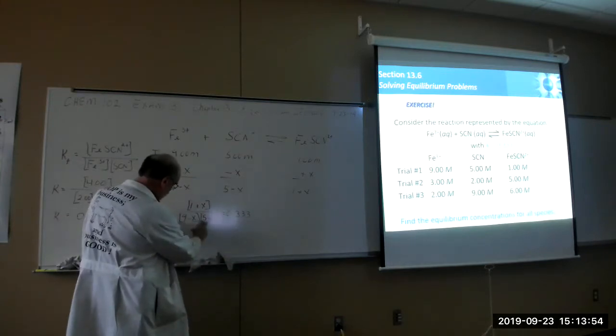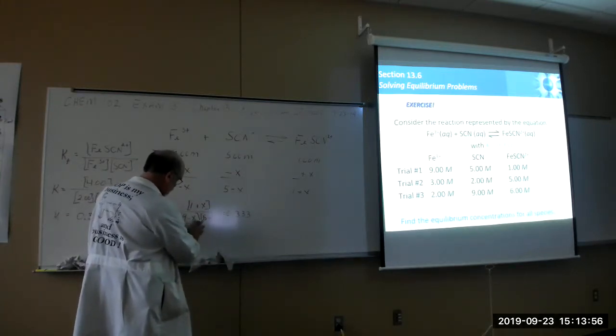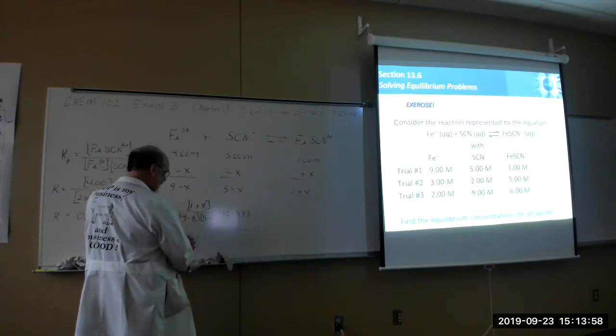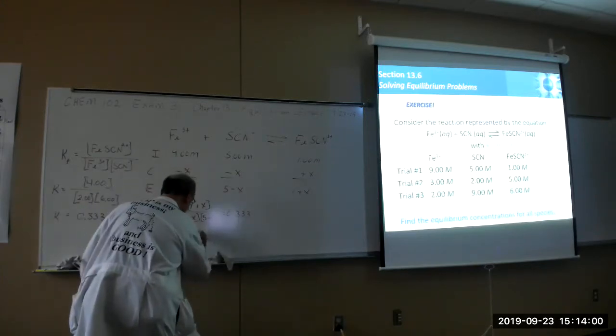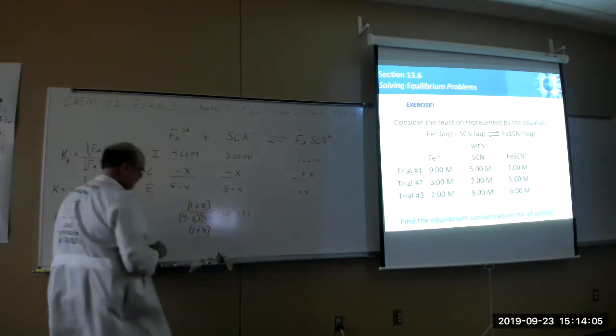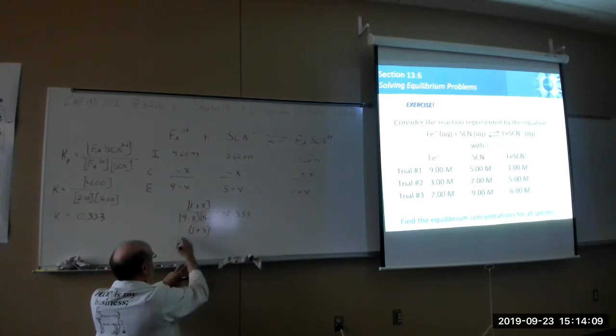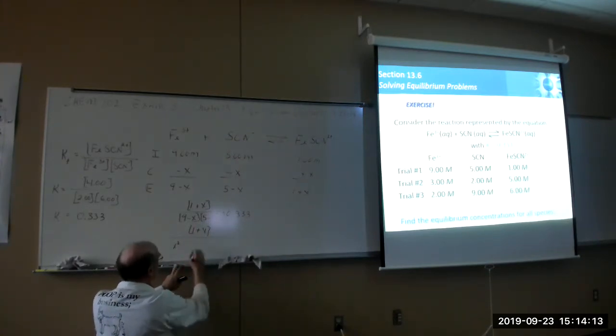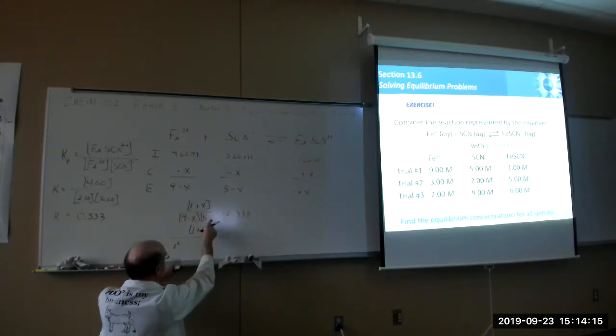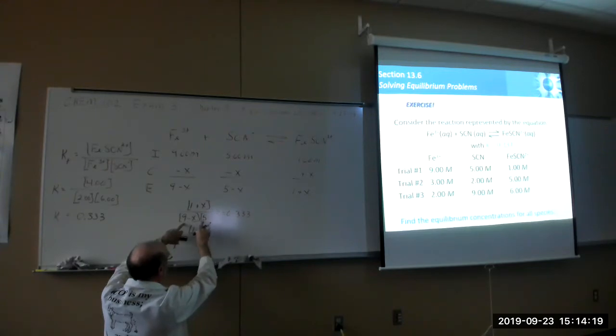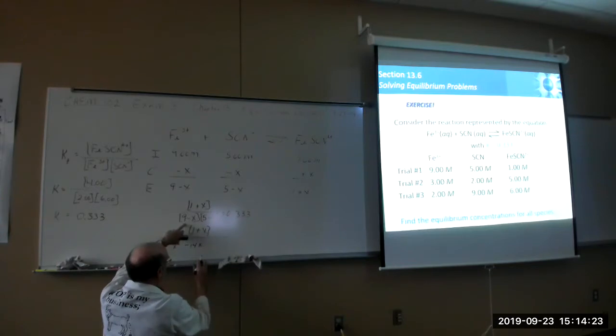So 9 minus x times 5 minus x, we have to expand that polynomial. So it's going to be x times x is x squared. And then x times 9 minus 9, and then a minus 5 is minus 14x, right?